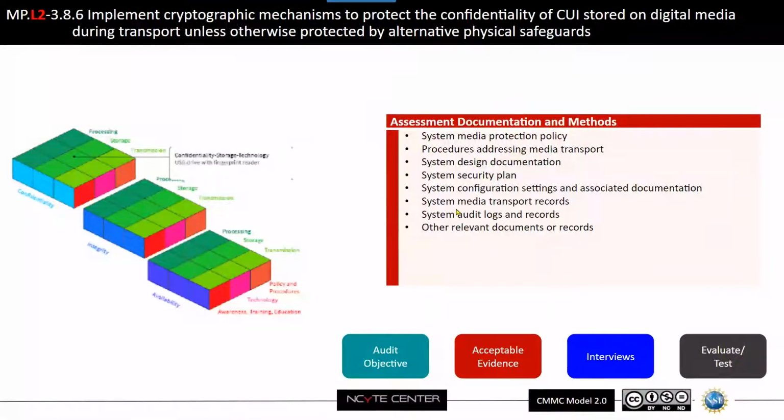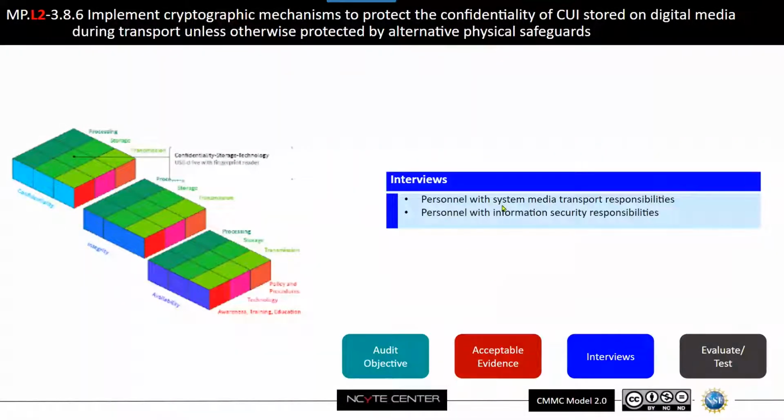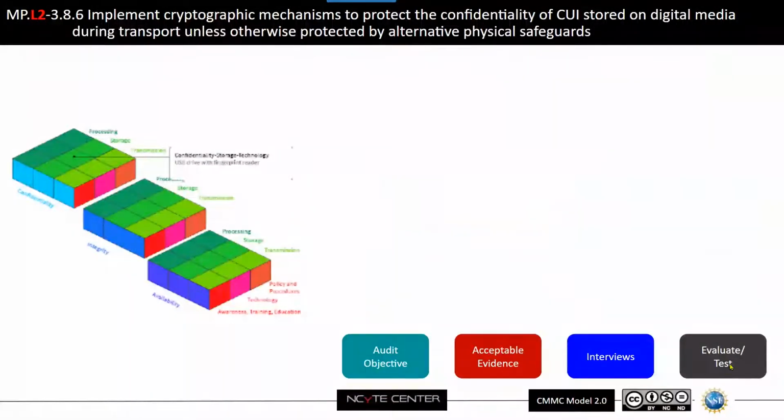We probably want to look at the transport records and maybe some of the audit logs. This would tell us, was that media encrypted as it was supposed to be before it went? That would be in an audit log, and also this: what were the records on transporting that particular stuff? The interviewees are the usual.